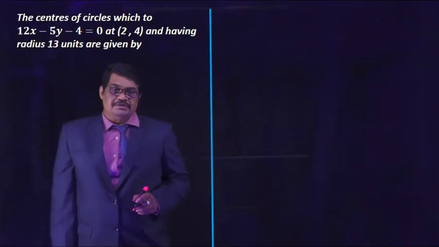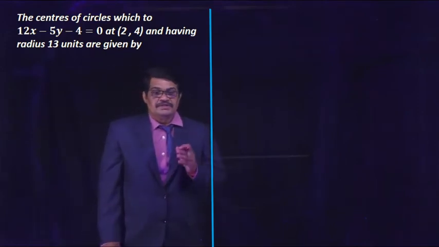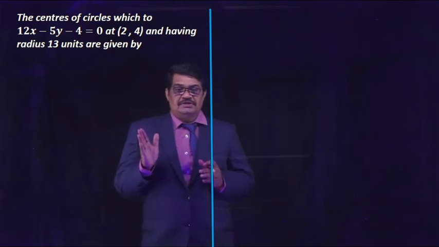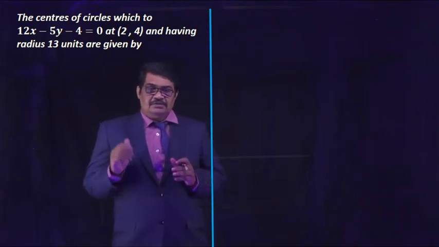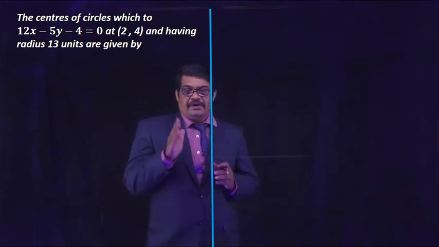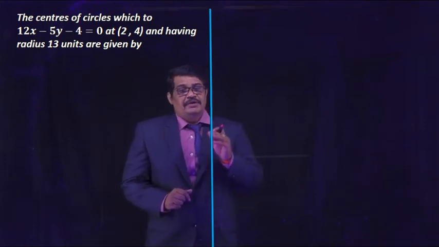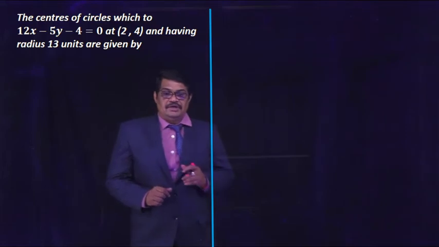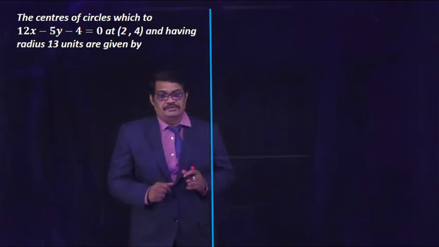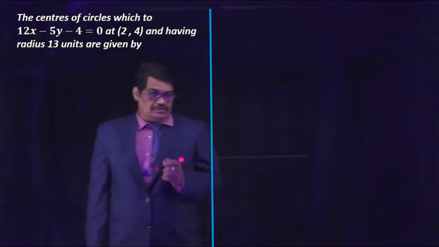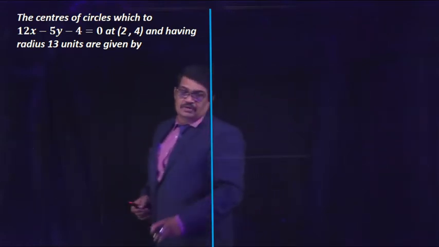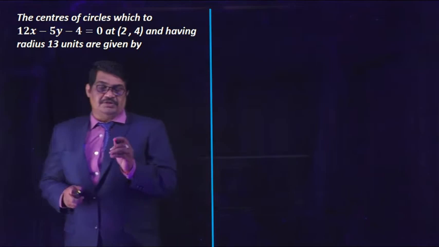Okay, see this problem. Find the circles which touch the line 12x minus 5y minus 4 is equal to 0 at 2 comma 4 and have radius 13 units. Okay, see the solution.